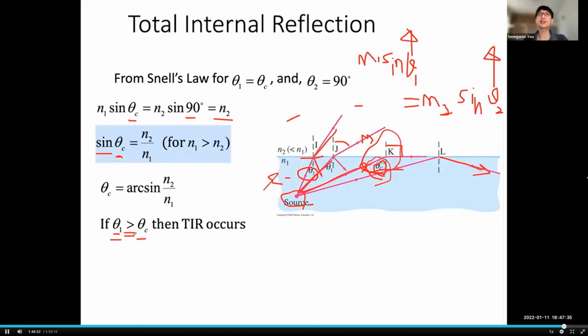So in practice, when we design lasers, for instance for optical communication, we always design the incident angle to be larger than this critical angle, because this will guarantee less loss.